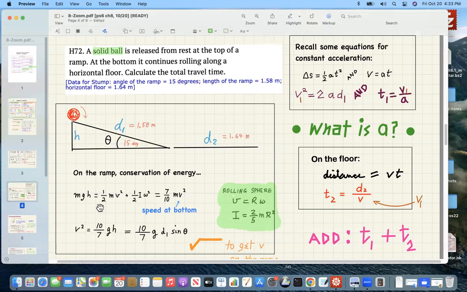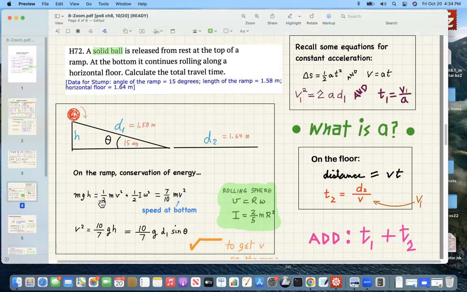Now there'll be kinetic energy, 1/2 mv squared plus 1/2 I omega squared, because this is a rolling object. Now, for the rolling sphere, v is R omega, and I is 2 divided by 5 mr squared for a sphere.